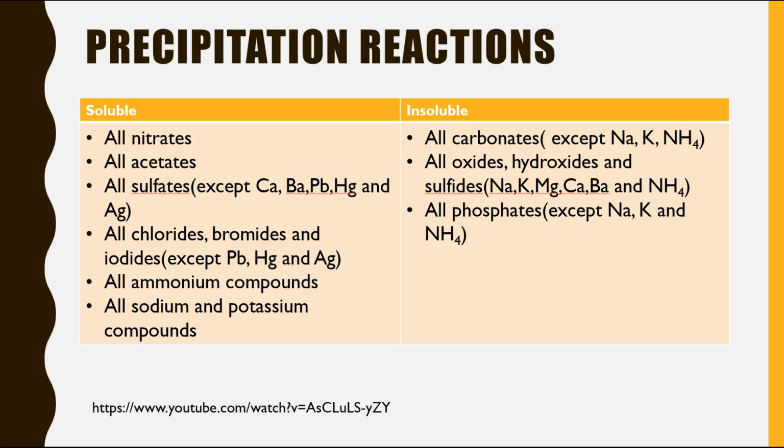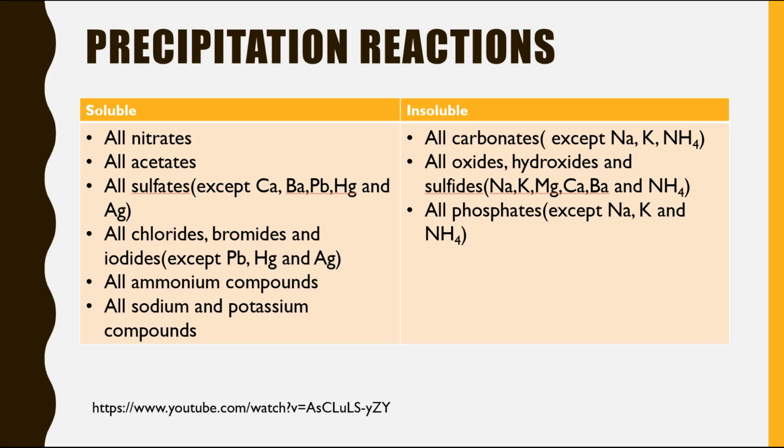The basis of them is that our nitrates, acetates and group 1 metals, that's our NAG, and then our sulfates, our ammonium, and then our group 17, so our chlorides, bromides and iodides, are all soluble with a couple of exceptions.